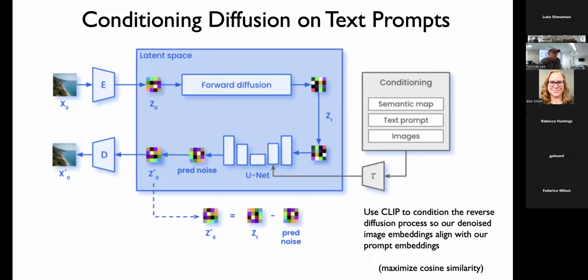Again, it's sort of like how CLIP is used. In fact, I think the original version of DALL-E, or maybe it was DALL-E 2, was called unCLIP, right? Because they use this idea of having common embeddings for images and text, and then being able to use that to guide a reverse diffusion process to provide, at the end of it, an image that looks like something from its data distribution, but also conditioned on your text prompt.